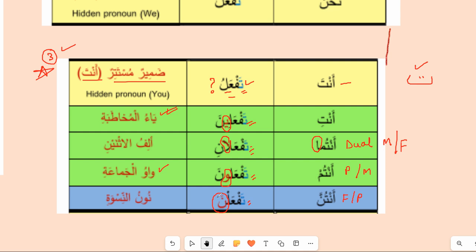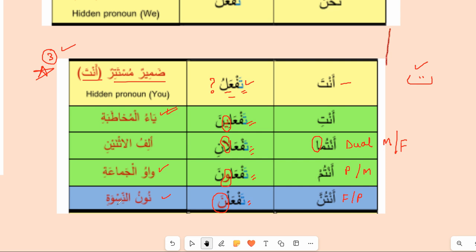Same way, this noon fatha is a special damir. It is only used for feminine but plural. Remember, for single feminine, ya mukhatiba, and for the feminine plural, we have noon fatha. So it has a special name called noonun niswa. From niswa, you will know that it is only for the feminine plural.